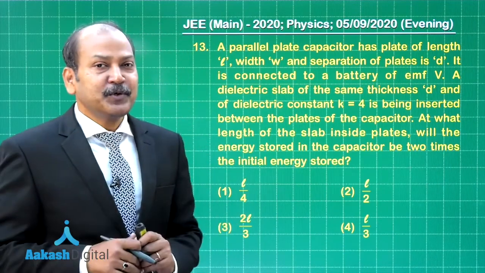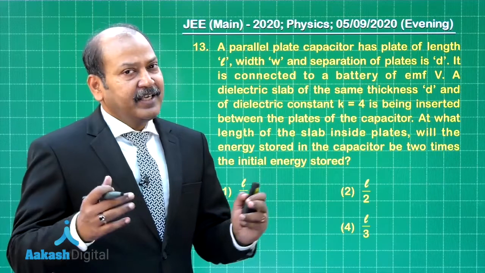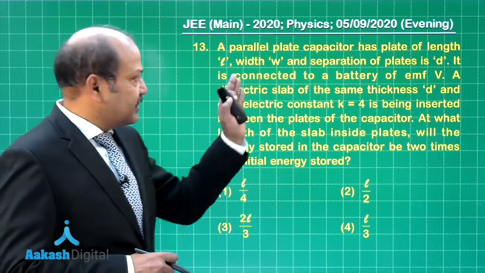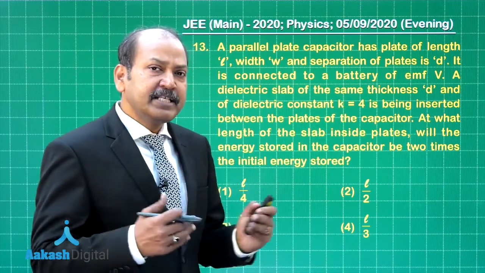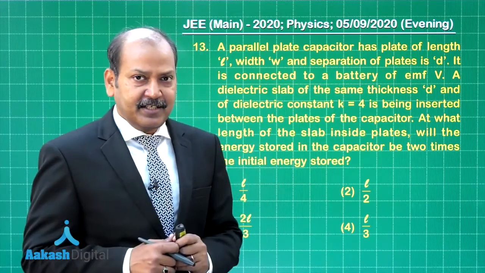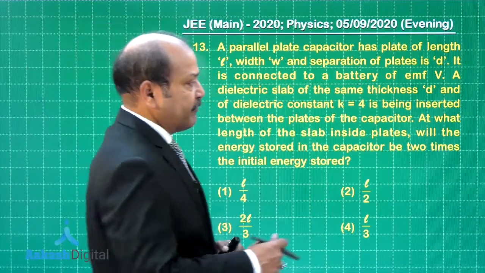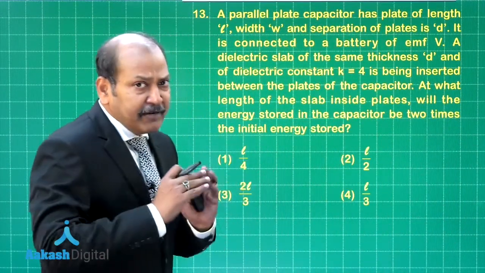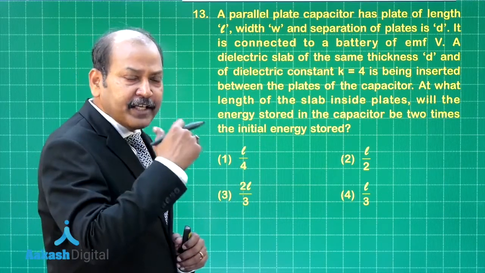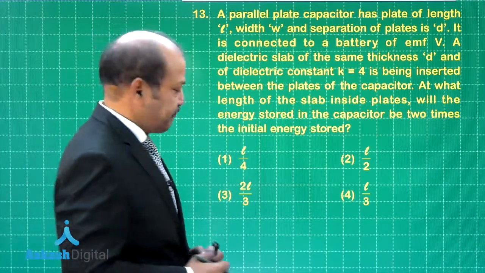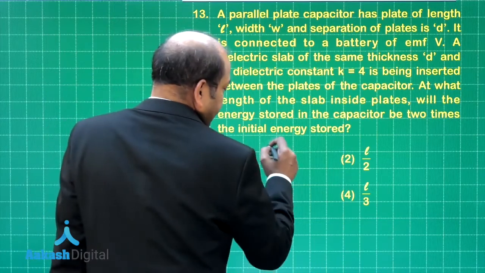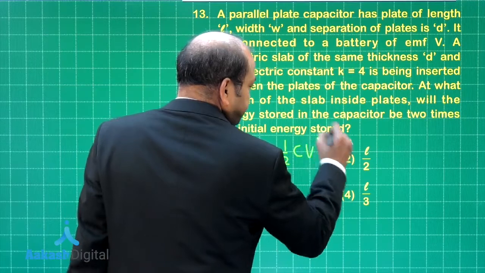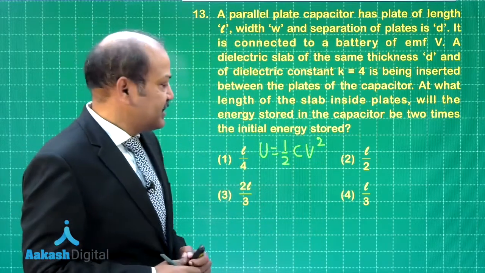The energy stored in the capacitor is given by the expression half CV squared, and in this case the battery of EMF V remains connected in both the cases. So if you look at the expression for the energy, since it is half CV squared and V remains constant, the energy is directly proportional to C. Let us put it here, the energy U is equal to half CV squared and V remains constant.